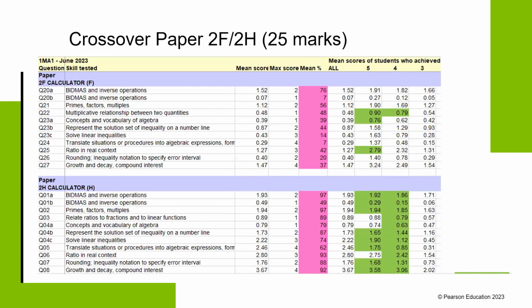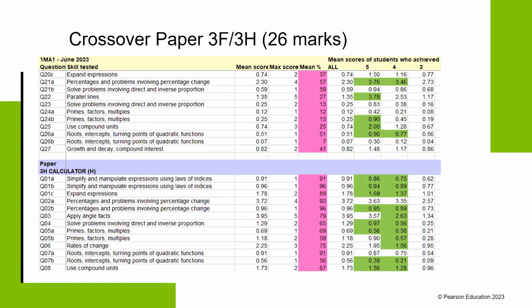So crossover questions on paper 3, there were 26 marks. So across this paper, we're seeing 77 marks in total for crossover questions, and we can see that the foundation tier students had a stronger finish on paper 3 than they did on paper 2.